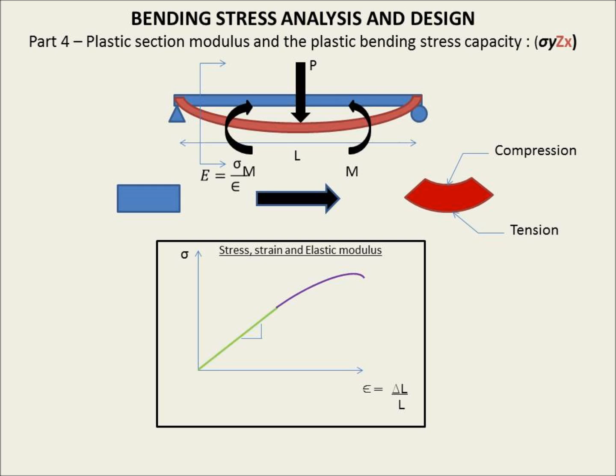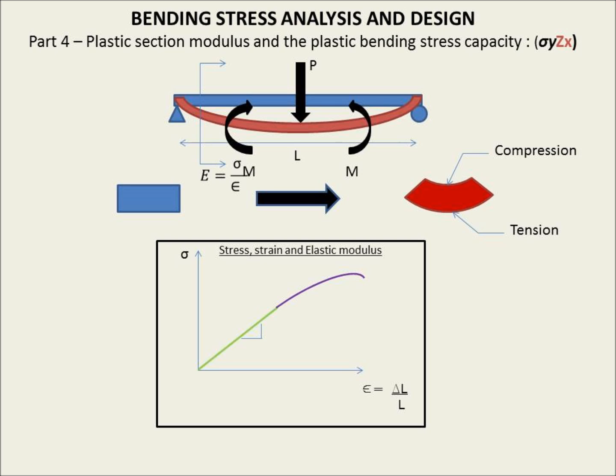Now, the elastic range is that range wherein there is a linear and reversible relationship between stress and strain, and that's denoted here by the green line. Beyond the elastic range is the yield point, the point where the material yields and does not return to its original shape when further stressed. And beyond that range is what we call the plastic range. Okay, so far so good. We haven't introduced anything new.